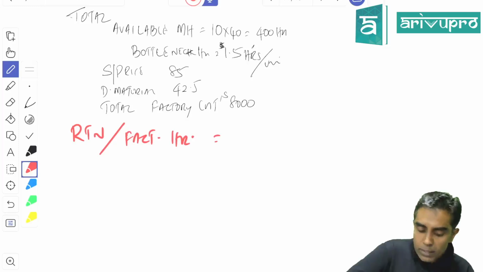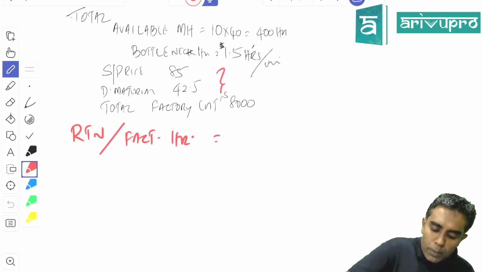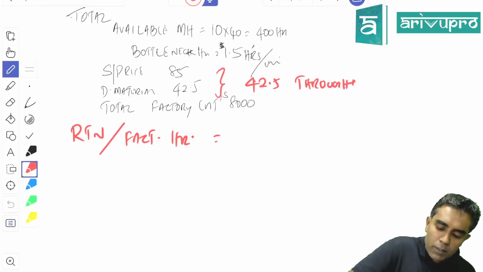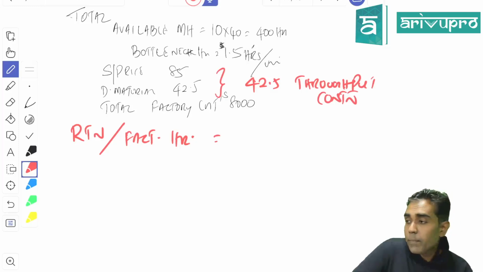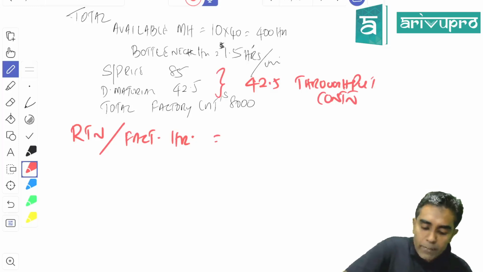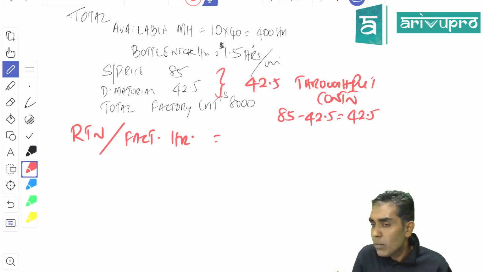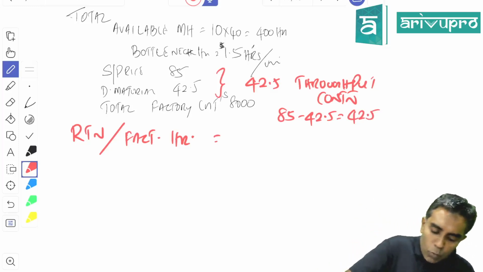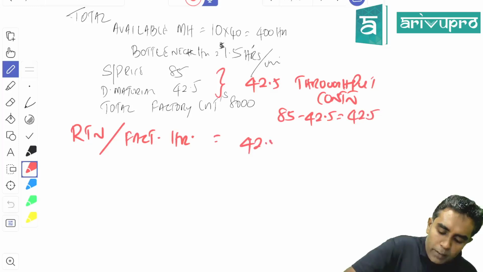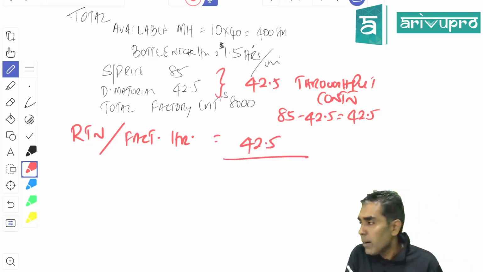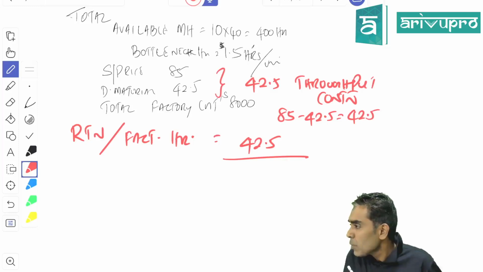Throughput contribution. So how to calculate throughput contribution? 85 minus 42.5, that gives you 42.5 as our throughput contribution. Now we found the throughput contribution, 42.5, divided by the bottleneck resources per unit.